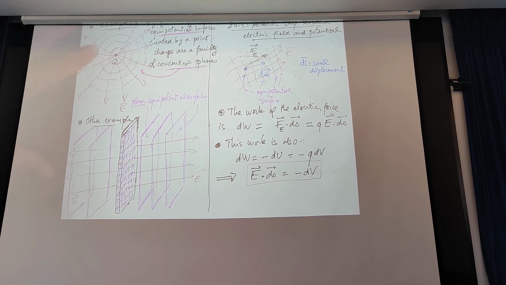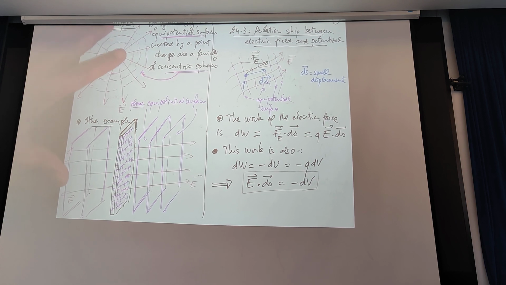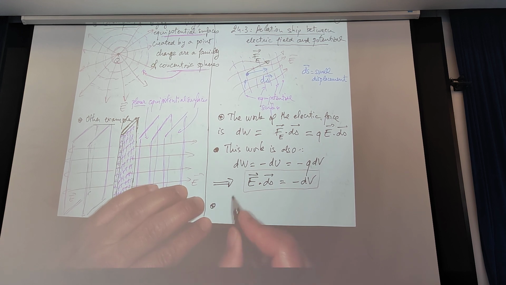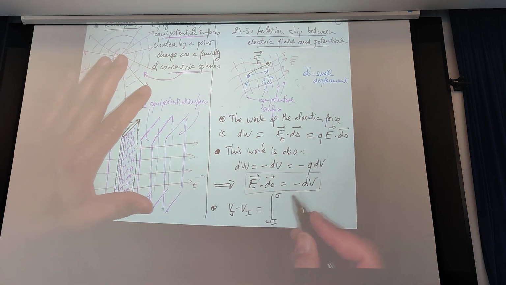Of course, on a macroscopic path, let's say from I to J, you have this relationship.